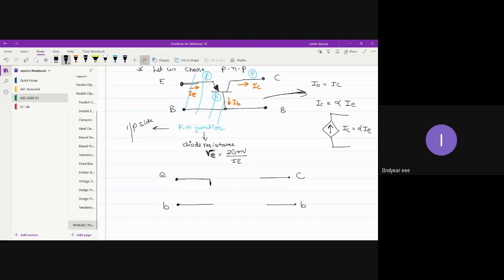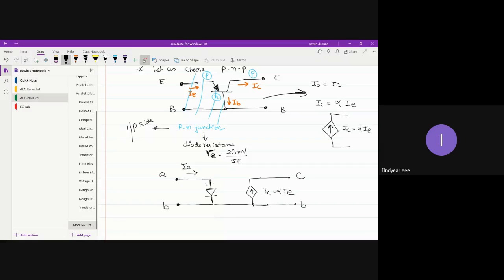P layer and N layer. So P is anode, N is cathode. You have a diode. And the input current is going to be the emitter current. And on the output side, you have a controlled source, which is given as IC is equal to alpha times IE.